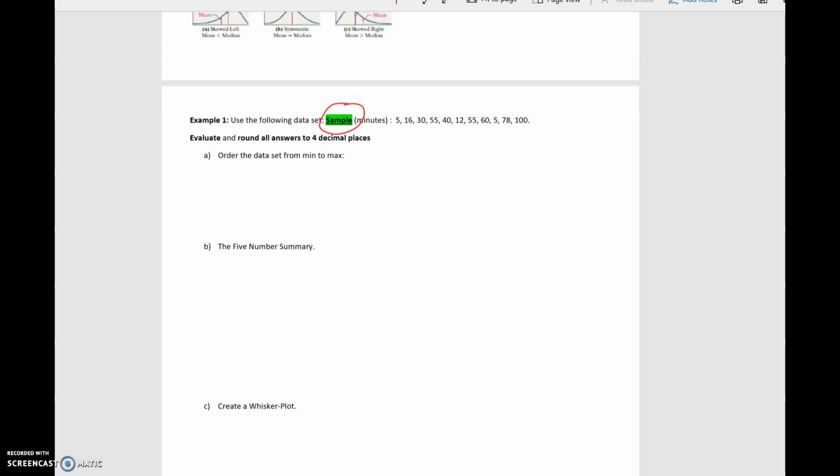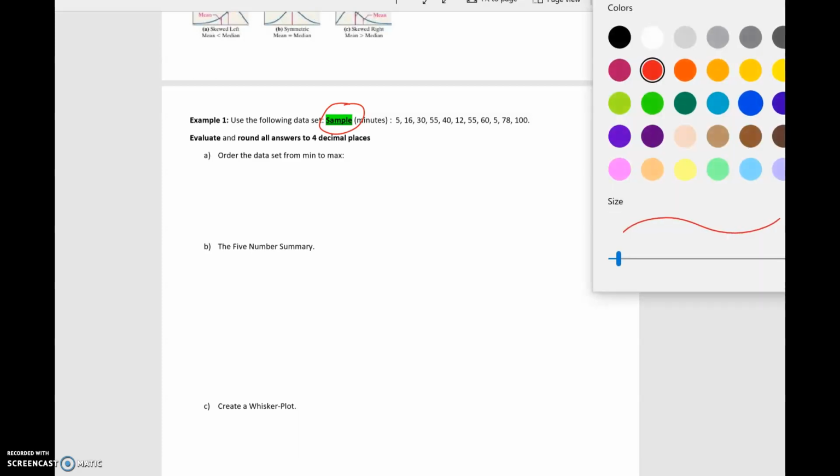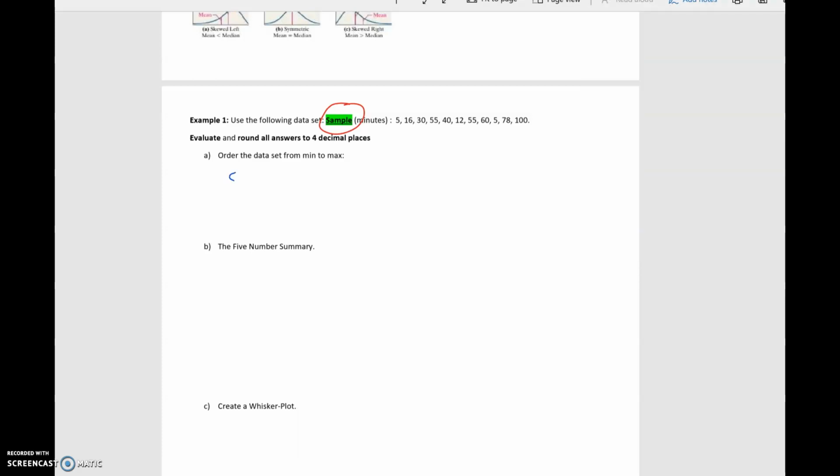If we order the data set, from min to max, I'm looking at starting with a 5, I see two 5s, then a 12, followed by a 16, followed by a 30.